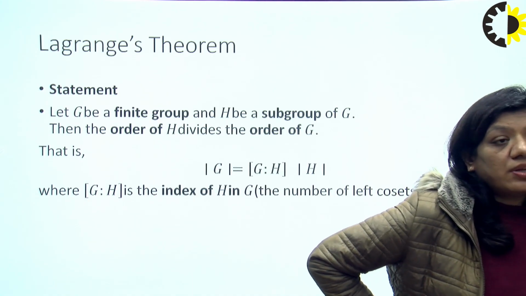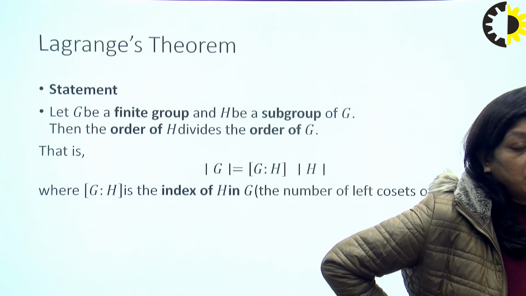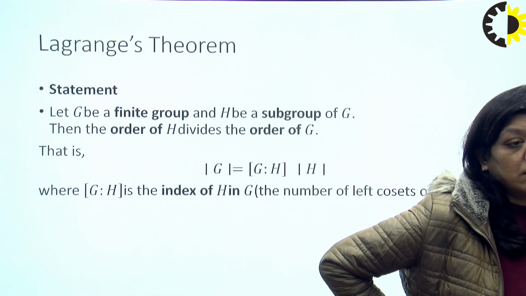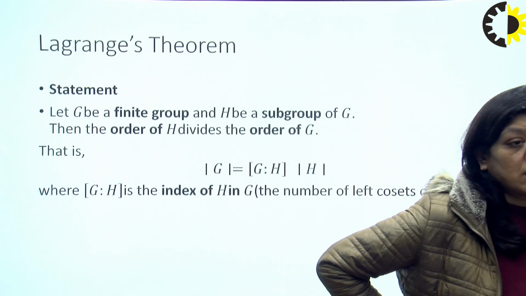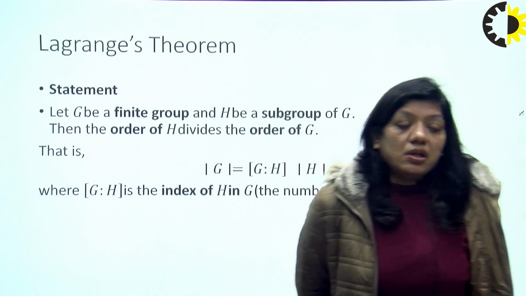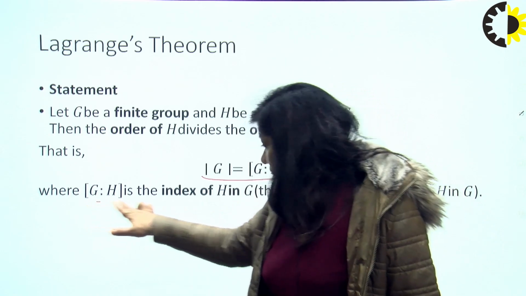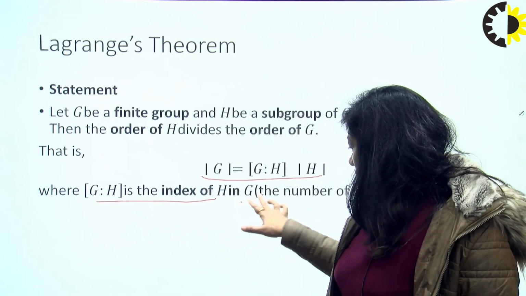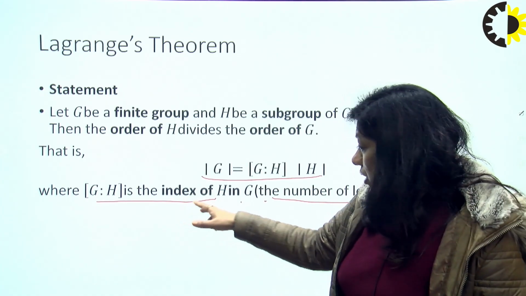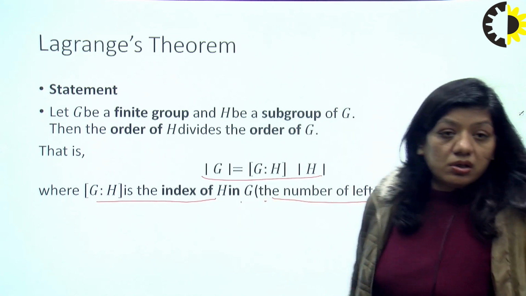The statement of Lagrange theorem is: let G be a finite group and H be a subgroup of G. Then the order of H divides the order of G, that is, the order of G is equal to [G:H] times the order of H, where [G:H] is the index of H in G, the number of left cosets of H in G.